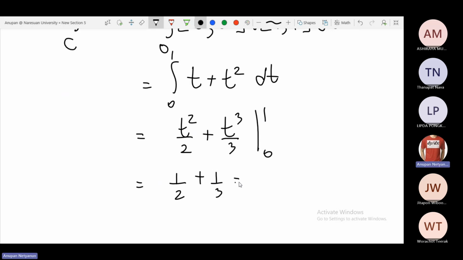After this, you should have the common denominator, right? Which is 6. And then do the cross multiply. So you have 3 plus 2, which is 5 over 6. That is your answer, right?